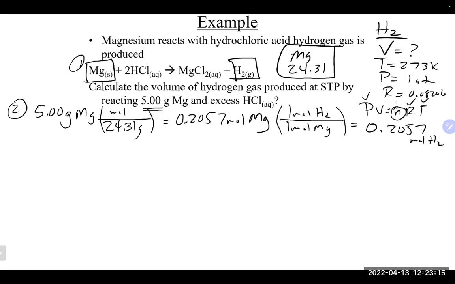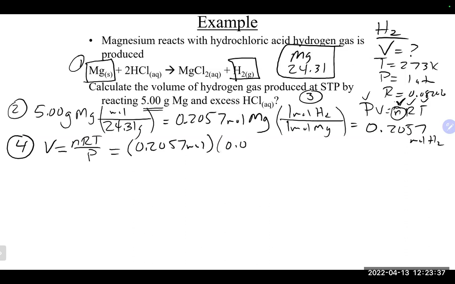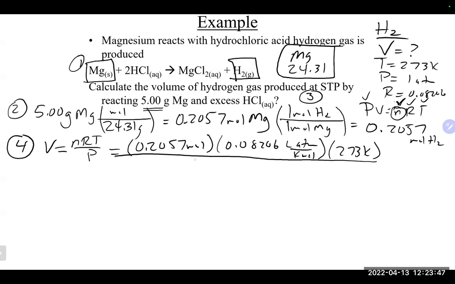At this point, we now have found our missing guy that we need. So this would be like step 3. We now could roll into step 4. Again, we're going to solve for volume, which would be nRT divided by P. Putting in our moles, 0.2057, our R, 0.08206 liters atmosphere per Kelvin mole, our 273 for our temperature, all divided by 1 atmosphere for our pressure.